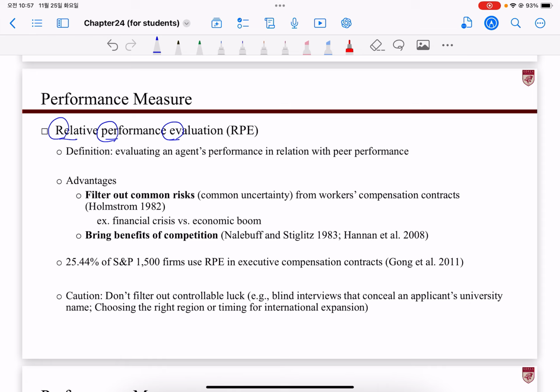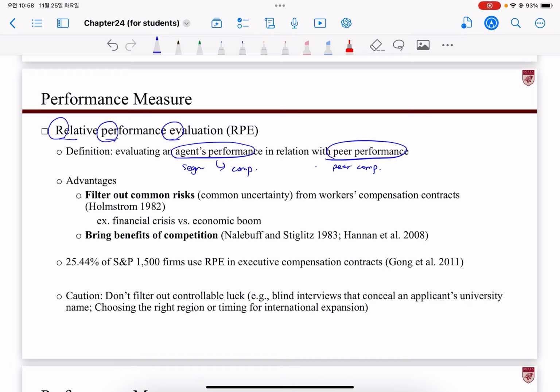RPE is when you evaluate, let's say, a company's performance with a peer company's performance. I mean, it can be within the company, one segment A versus segment B, but let's just say it's a company performance versus the peer company performance.